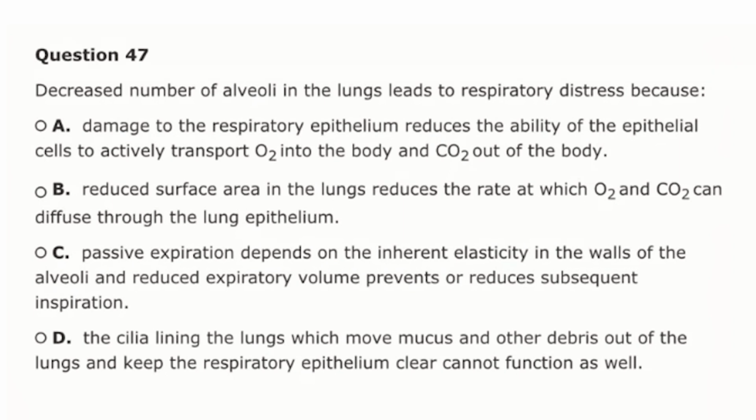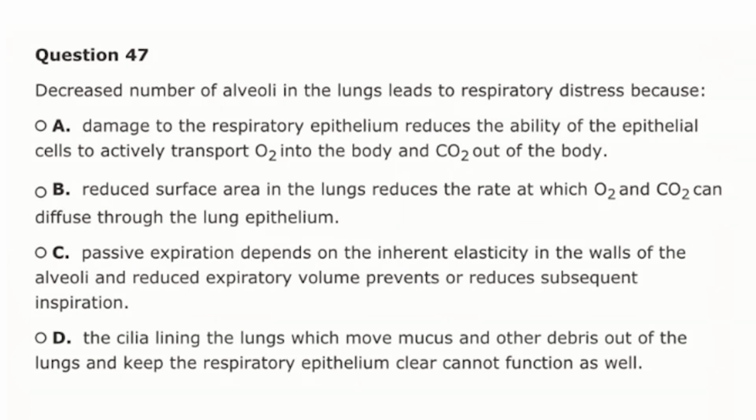So exactly. Decreased number of alveoli in the lungs leads to respiratory distress, right? So the first question is, what do the alveoli do? Those are the little air sacs at the very end that increase the surface area, because you have lots of tiny little pouches and lots of surface area in each of those little pockets.